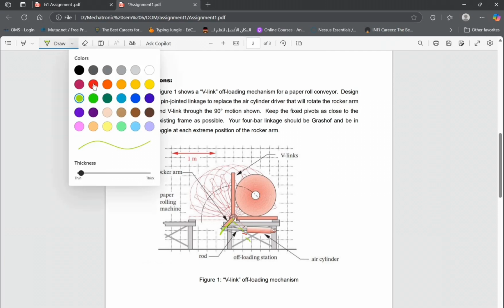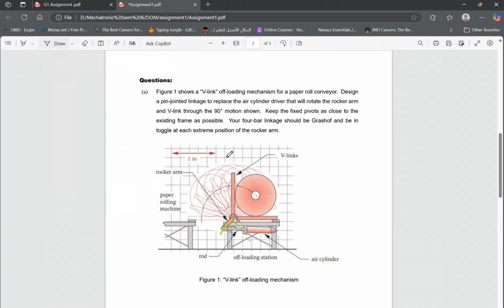Actually, this rocker is attached to the wheel link shown here, which will follow the direction of the rocker. So when the rocker rotates, the wheel link will also follow it 90 degrees from here to here. This is the second position of the wheel link, which is attached to the rocker.